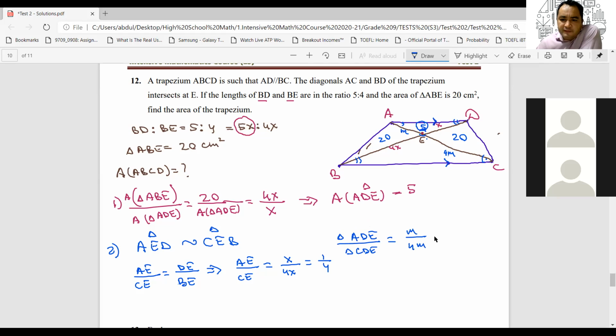Now, in a similar way, look at triangle CBD. With this line CE, I'm dividing it into 2. So this length we know is X, and this one is 4X. So if this area is 20, this should be 80, right?